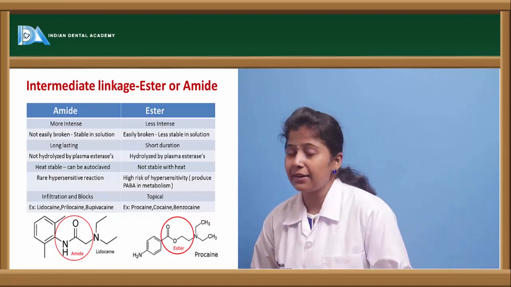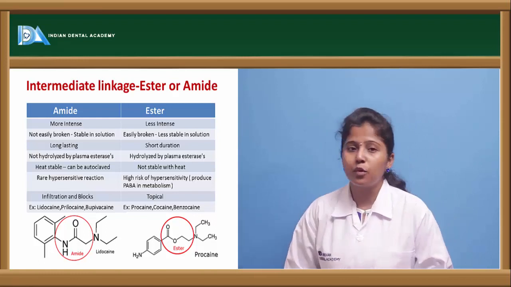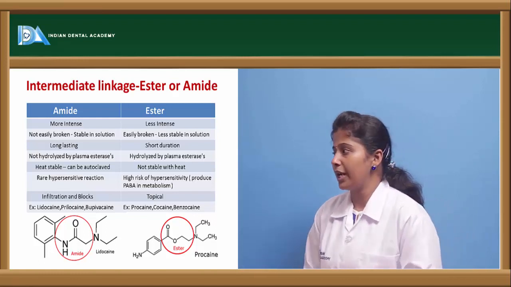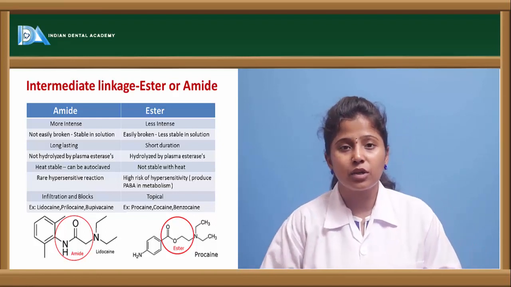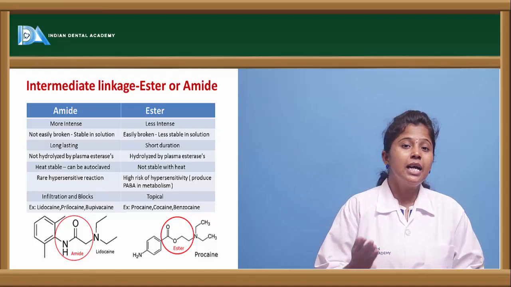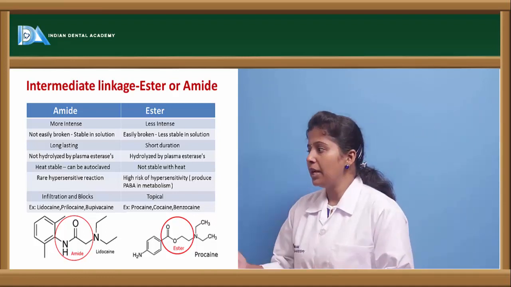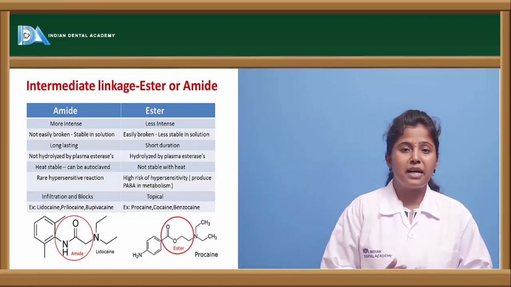If a drug has an amide linkage or amide group, then it is more intense, more potent, and not easily breakable. The amide linkage is not that easily breakable, and that is the reason these local anesthetics are stable towards metabolism, they are long lasting, and they are not hydrolyzed by the plasma esterases.